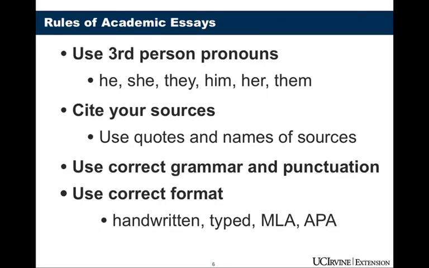Here are a few other things to remember when you write an academic essay. All of the essay types we've mentioned so far use third-person pronouns. Third-person pronouns refer to other people, like he, she, they, him, her, and so on.